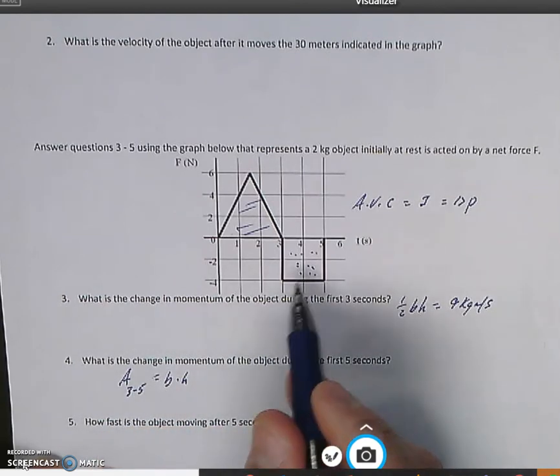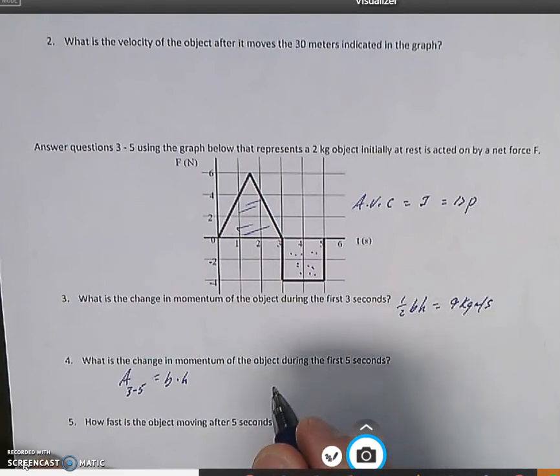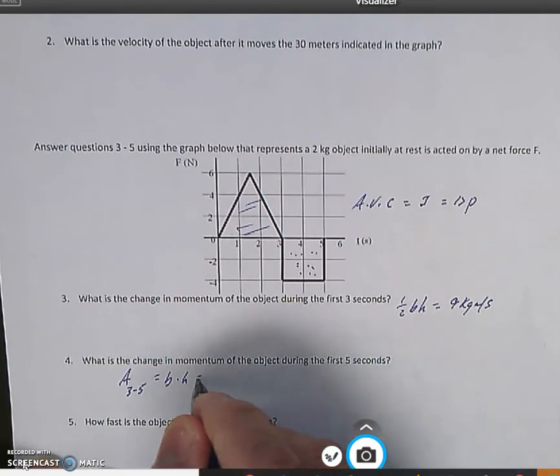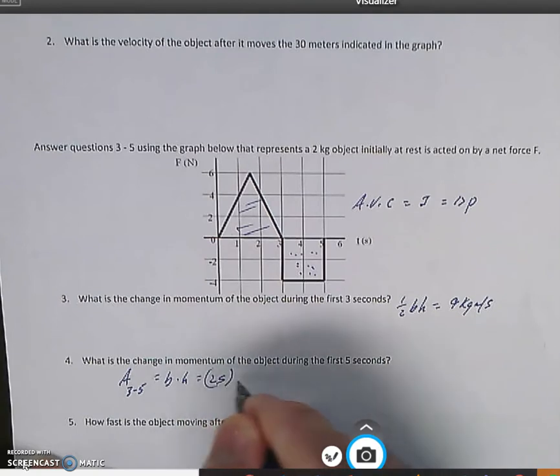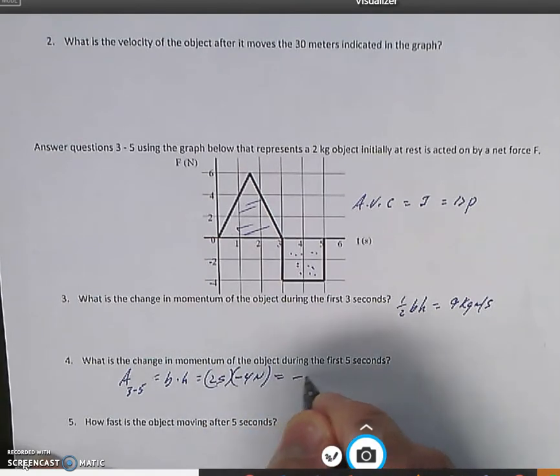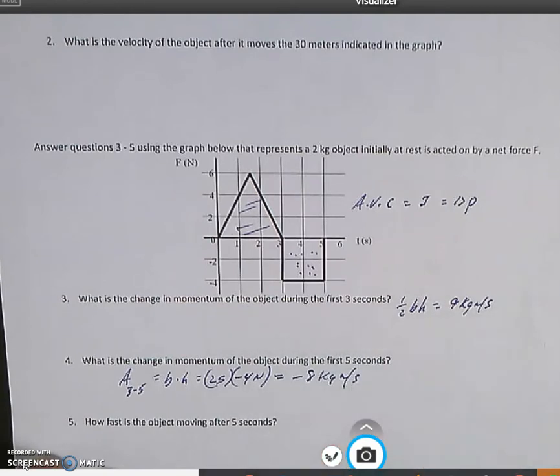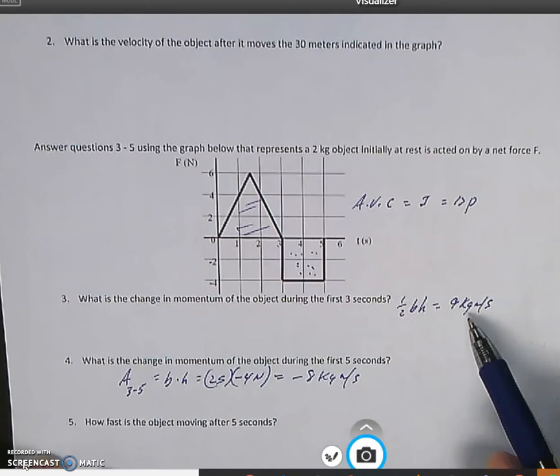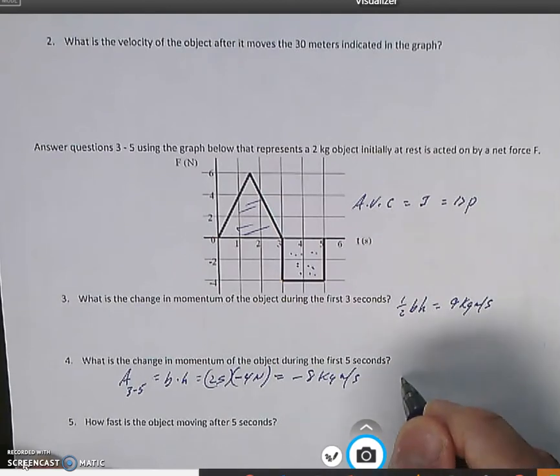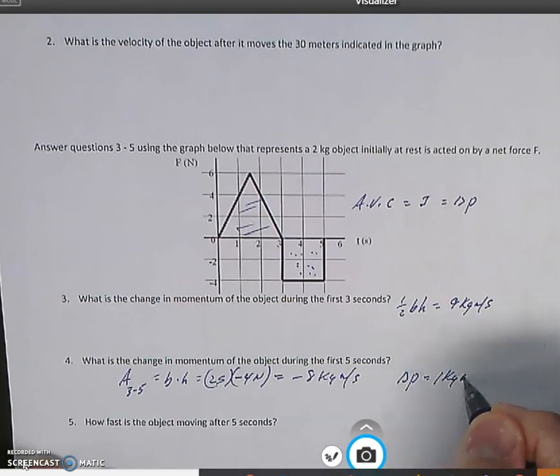That's 2 seconds times a height of -4 newtons. So that area is -8 newton seconds, or kilogram meters per second. So if we have a +9 and then a -8, my overall delta momentum then is 1 kilogram meter per second.